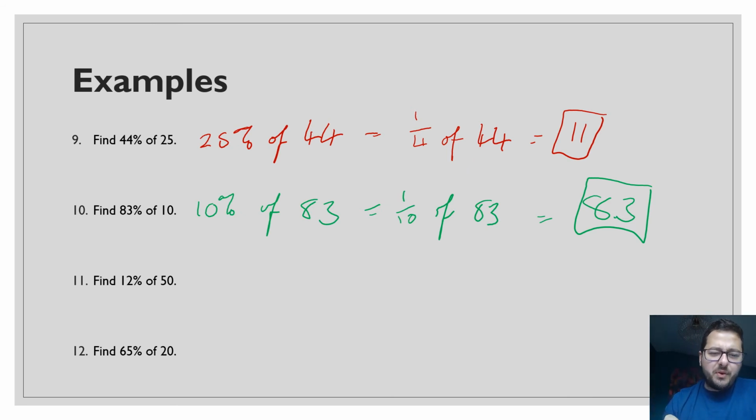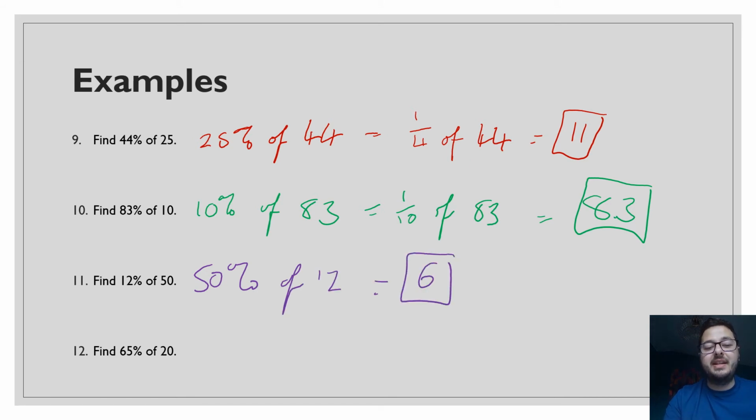Okay, so number 11, we want to find 12% of 50, but let's just find 50% of 12. So let's do 50% of 12, which is just half of 12, which is 6. And then finally, we want to find 65% of 20, but let's just find 20% of 65, which is going to be a fifth of 65, which is going to be 13.